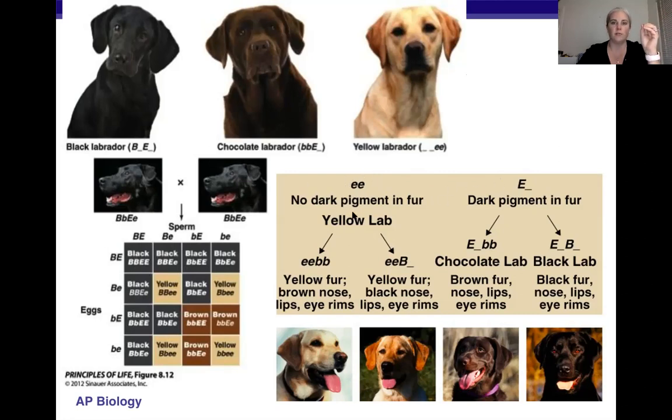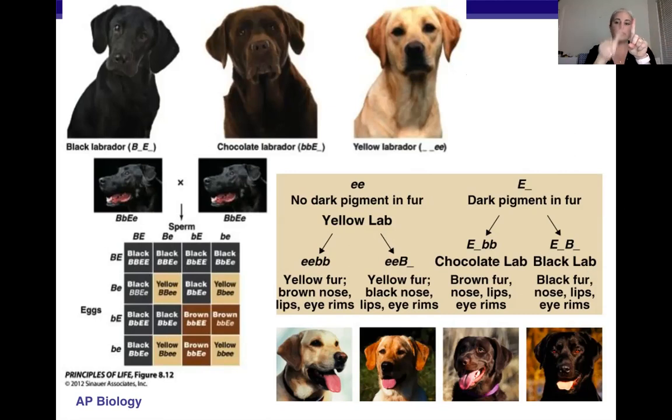Switch is off, ee. They do not have an on switch for the pigment. So that's a separate gene. This is the on-off switch, so their switch is off. At least one dominant copy of the epistatic gene switches it on. That means they have the possibility to express the dark pigment in their fur, or they don't have the possibility at all to express the dark pigment in their fur. So here's what you've got. Black labs will have at least one dominant pigment gene and epistatic gene.